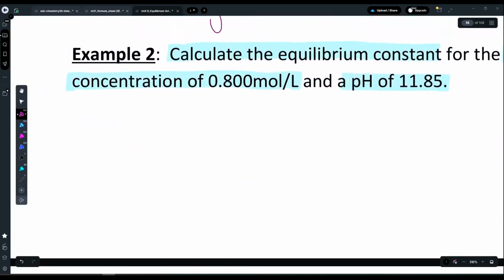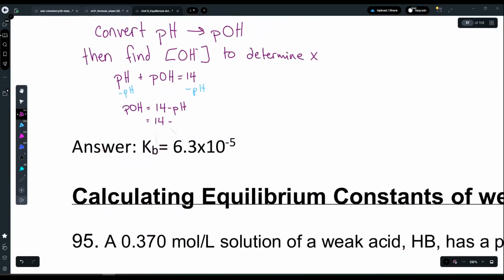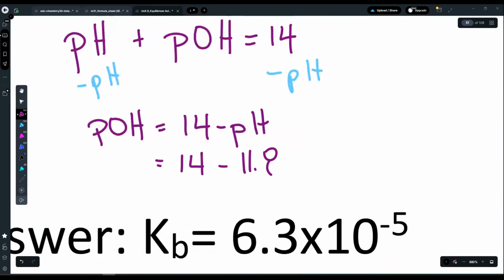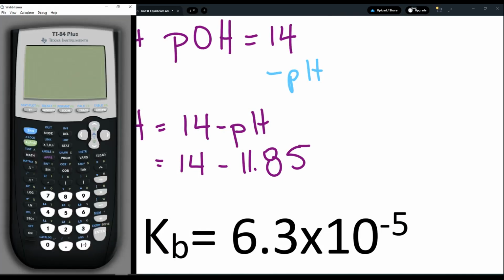So pH, that was 11.85. So, let's try that again. 14 minus 11.85. So our pOH value is 2.15.